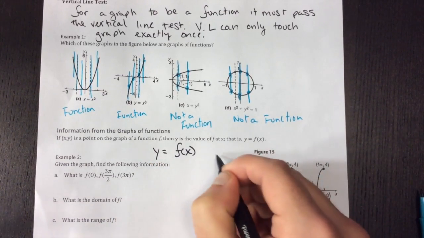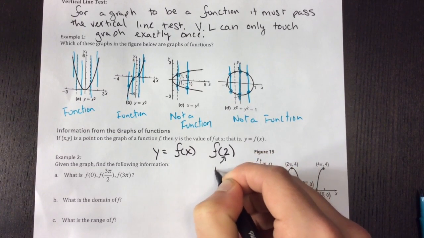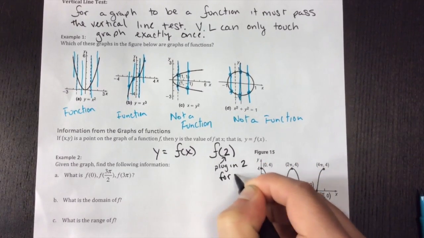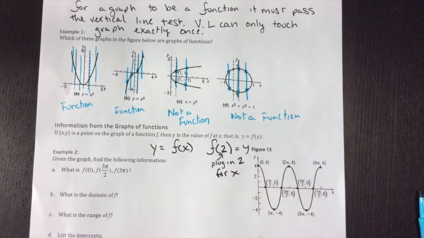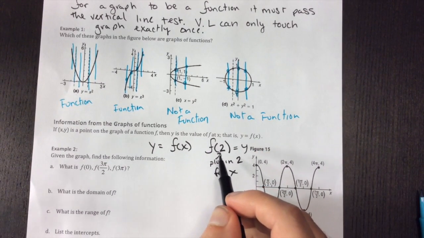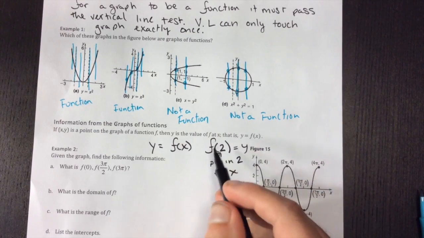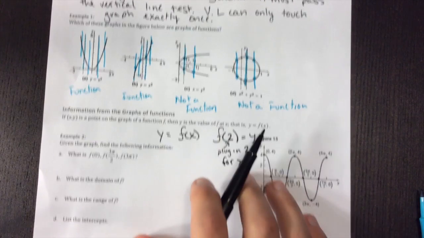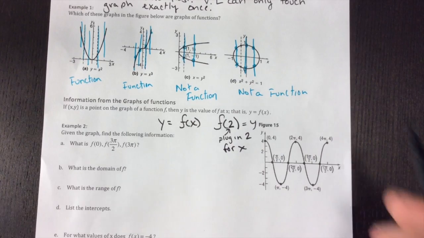And so if we plug in a number, that's just plugging in 2 for x, and we usually get a number out for y. So we'll use these interchangeably, as f of 2 means the value of y, or the function value at 2. So let's try example 2, and then we'll be close to being done with this level.